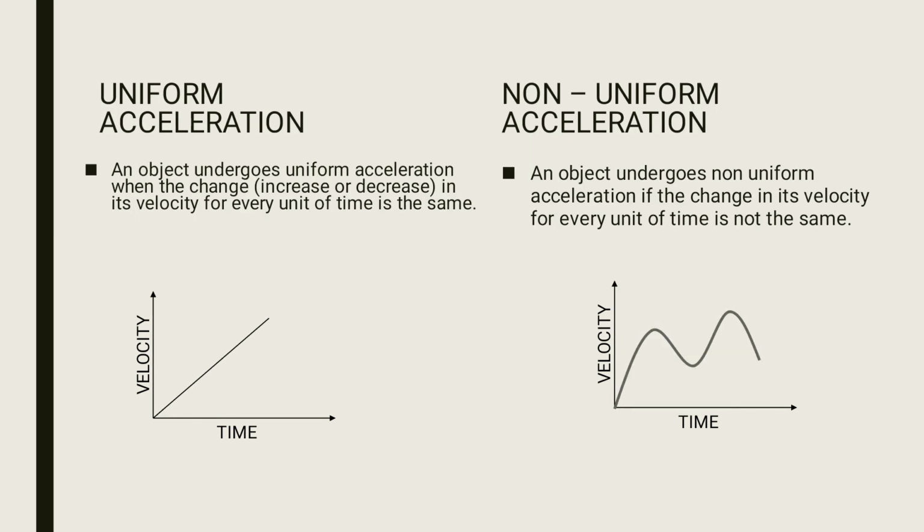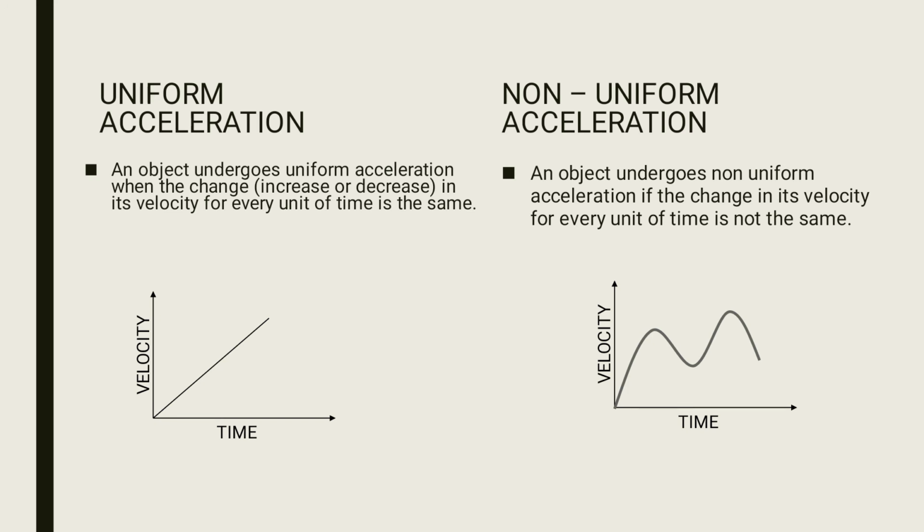There is also another classification of acceleration based on the uniformity. The types are uniform acceleration and non-uniform acceleration. Uniform acceleration is when the object's velocity changes by the same amount at each time interval, that is, change of velocity for every unit time is the same.